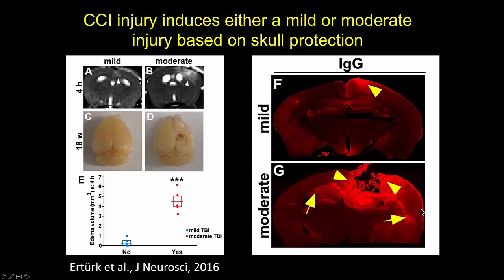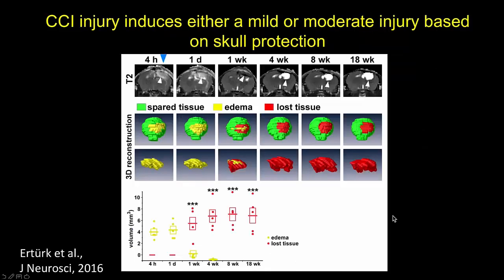So using this injury model, we wanted to study the pathophysiology of TBI in the mouse and see what happens to neurons and also glia cells. First, what we did was to follow the animals with moderate TBI using T2 weighted MRI.